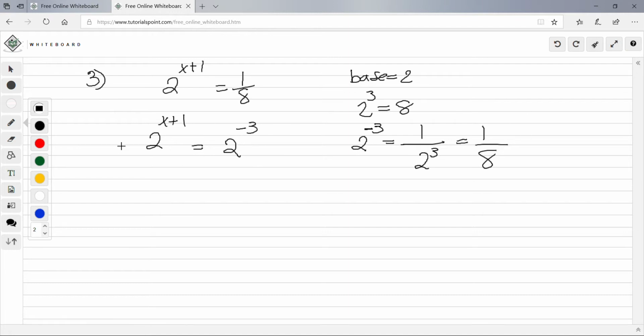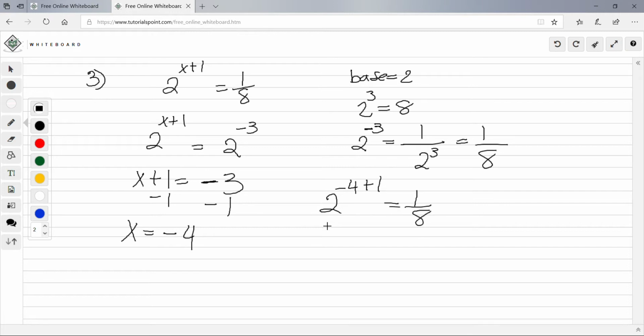So the bases are the same, just ignore them for now. So x plus 1 equals negative 3. Let's solve for x, so we subtract 1. So x equals negative 4. Now we've got to check it. Does 2 to the negative 4 plus 1 equal 1/8?